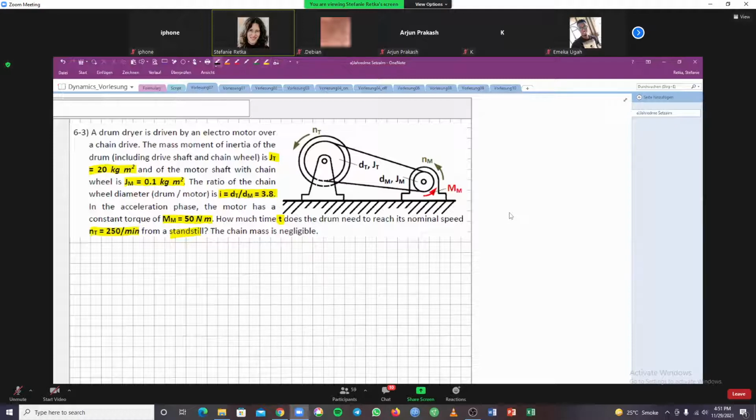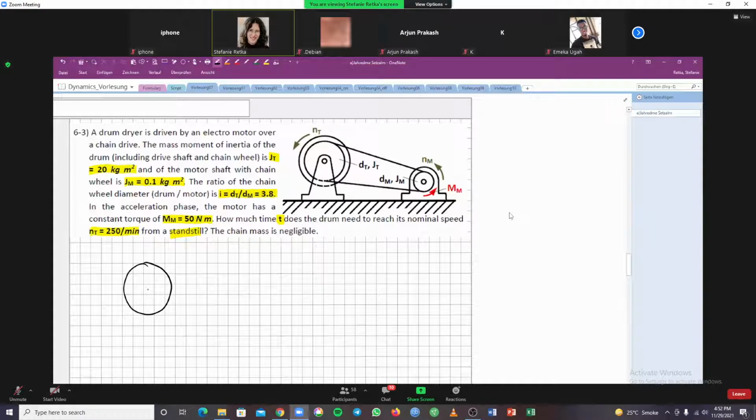Okay, how to approach this kind of problem? We have a mass moment of inertia given, we have a torque given, so this indicates that we have to apply forces and loads to the system. Then if we are doing that, we have to free our subsystems, our individual masses, the drum and the motor in this case.